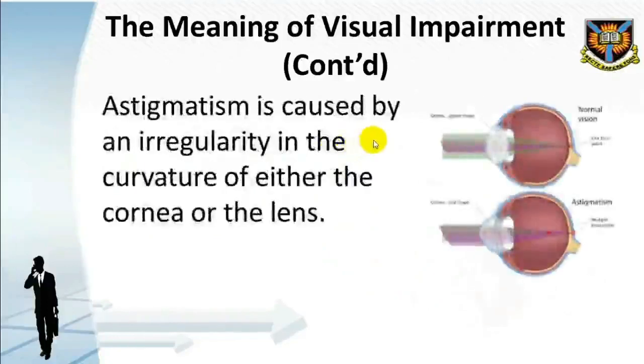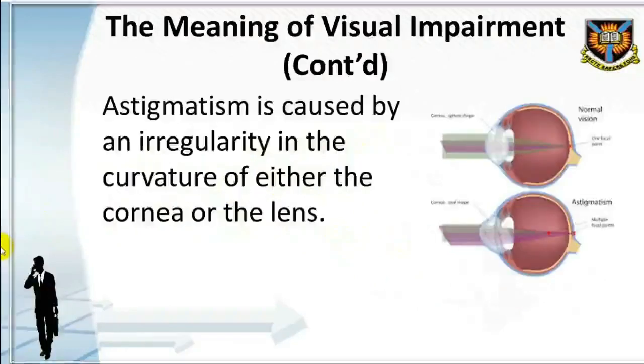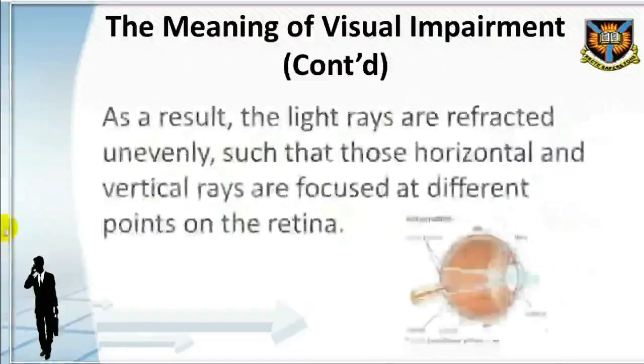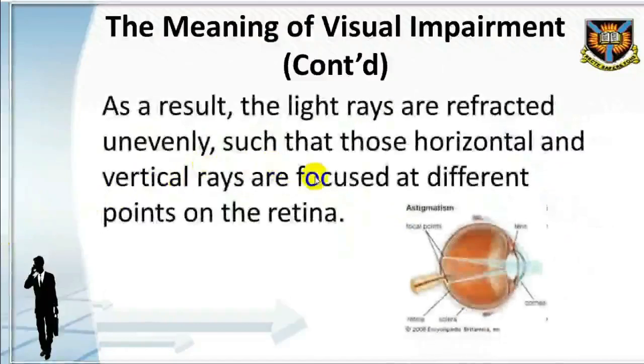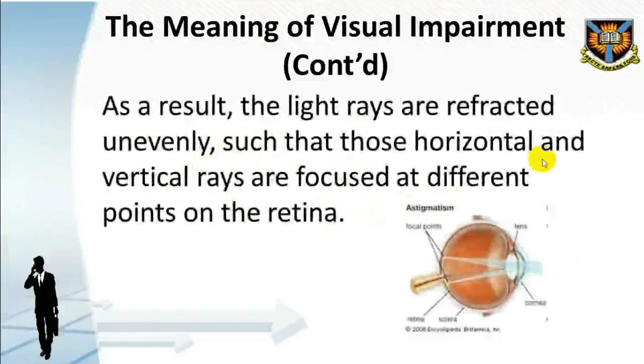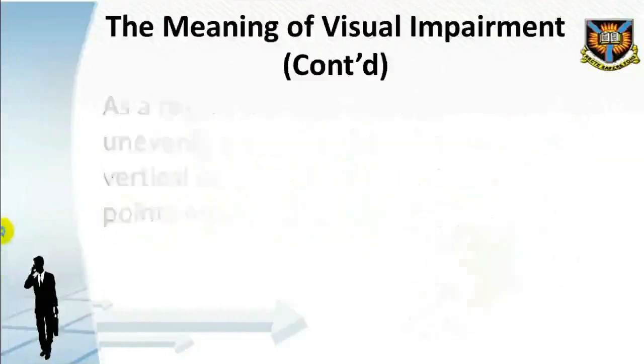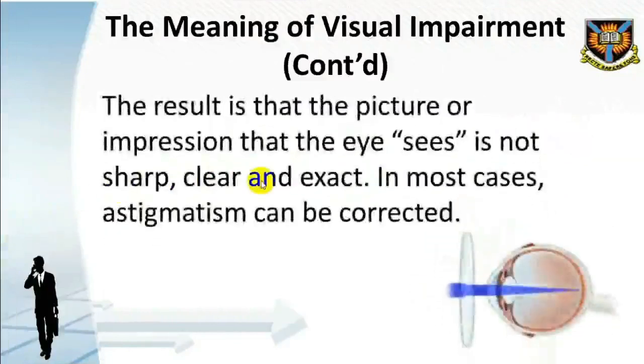Astigmatism is caused by an irregularity in the curvature of either the cornea or the lens. As a result, the light rays are refracted unevenly, such that the horizontal and vertical rays are focused at different points on the retina. The result is that the picture or impression that the eye sees is not sharp, clear, and exact. In most cases, astigmatism can be corrected.